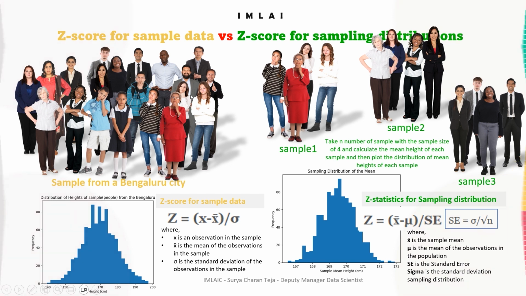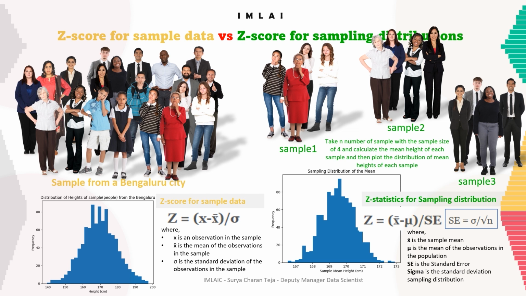This z-score will be useful in outlier detection, which is part of either data cleaning or exploratory data analysis. Whereas this z-score formula will be useful in feature engineering, where you can find out the statistical significance of the relationship between the two variables. So basically, the second formula can be used to engineer the features. That's the reason this will be used in feature engineering, and the first one is EDA. And that is the difference for you.